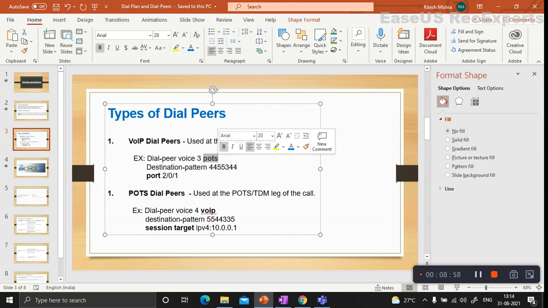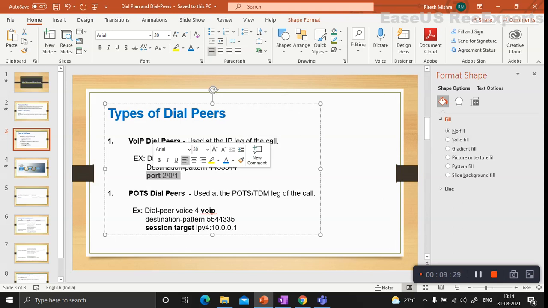Now, the destination-pattern command is common and can be used in both POTS and VoIP dial pairs. It means the pattern or the number that you want to reach. So if someone is dialing 4455344, this is an exact match, and this dial pair will be matched and used to send the call out to this number through port 201.